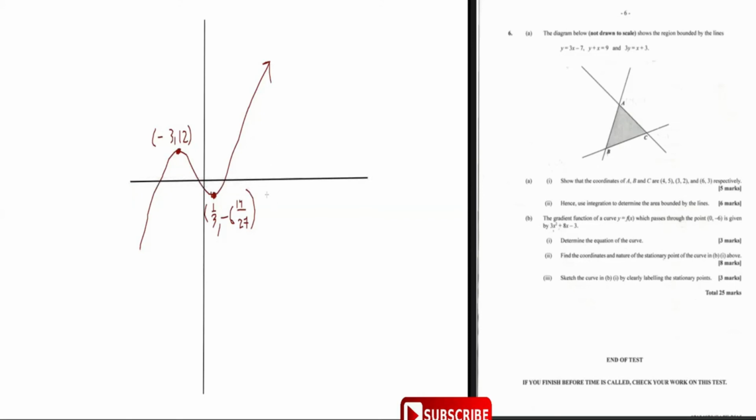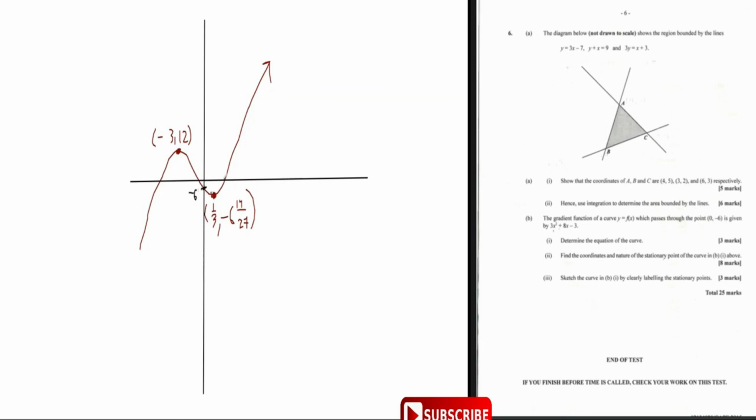Yeah, that's my x-axis, this is my y-axis. This doesn't look too bad. All right, my x-axis, my y-axis. This is the point where y is negative 6. This is the y-axis intercept.